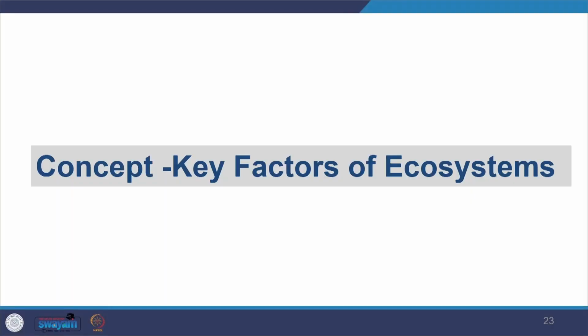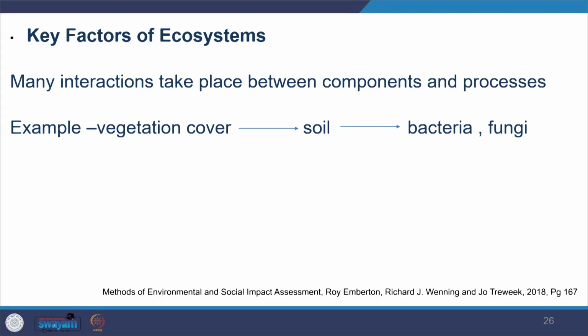Now we'll look at the key factors of ecosystems. One of the very important aspects of an ecosystem is that there are many interactions which take place between components, and not only between components but also between the processes, and these interactions are many times very delicate.